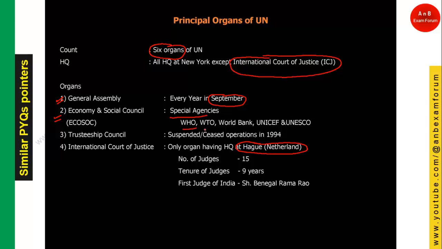Like WHO, WTO, World Bank, UNICEF, UNESCO, that is, World Trade Organization, World Health Organization, World Bank, UNICEF, UNESCO. All these basically work under the United Nations. These are the specialized agencies of the United Nations.